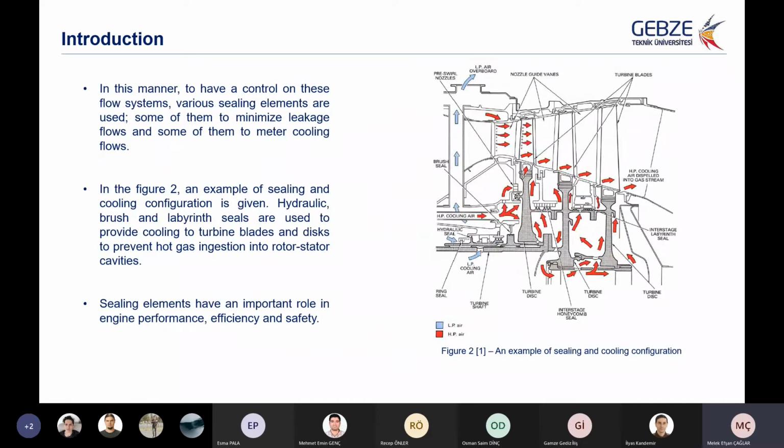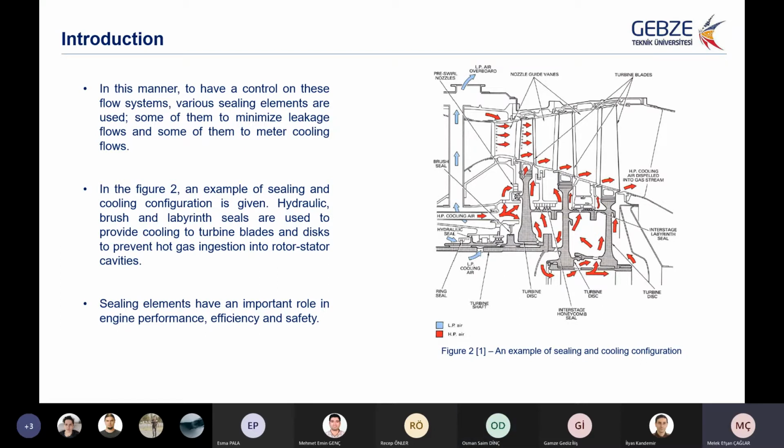So in this manner, we have to control these flow systems, and we use various sealing elements. Some of them minimize parasitic leakage flows, and some of them just meter the cooling flows into the desired leakage rate.